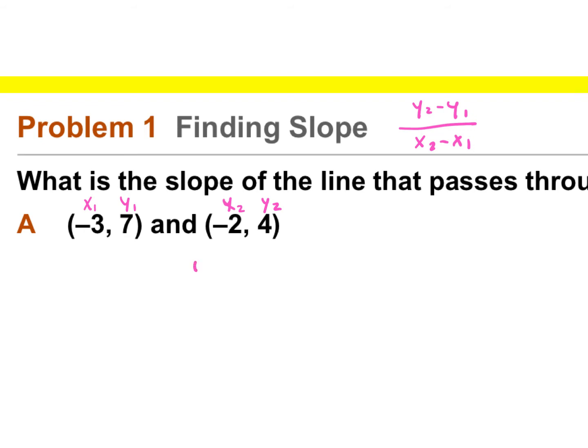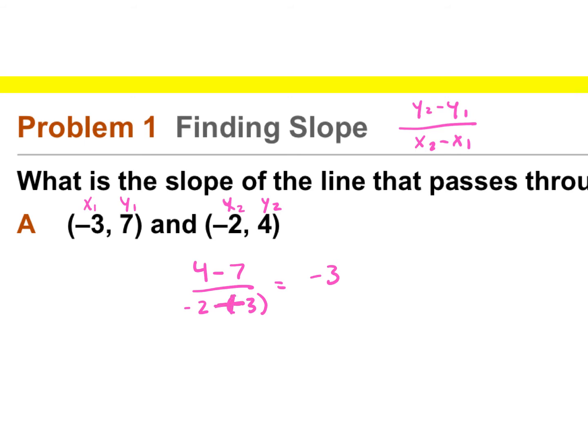On top, I'm going to have 4 minus 7, and on the bottom, I have negative 2 minus negative 3. What is 4 minus 7? Negative 3. On the bottom, I have minus negative 3. What's minus a negative turn into? A plus.